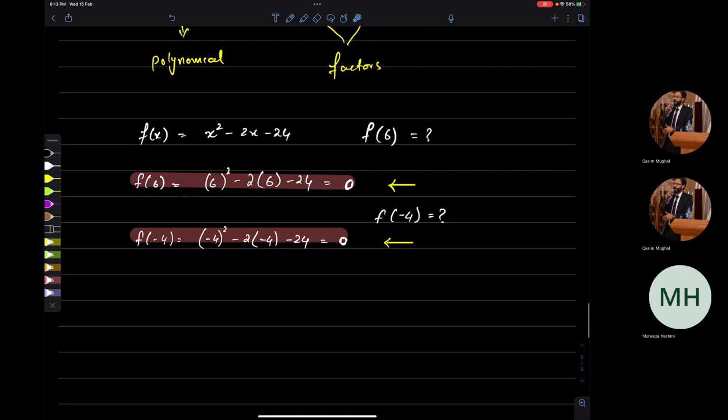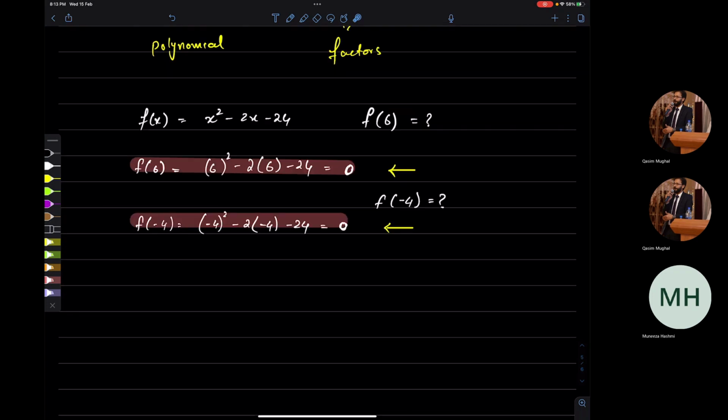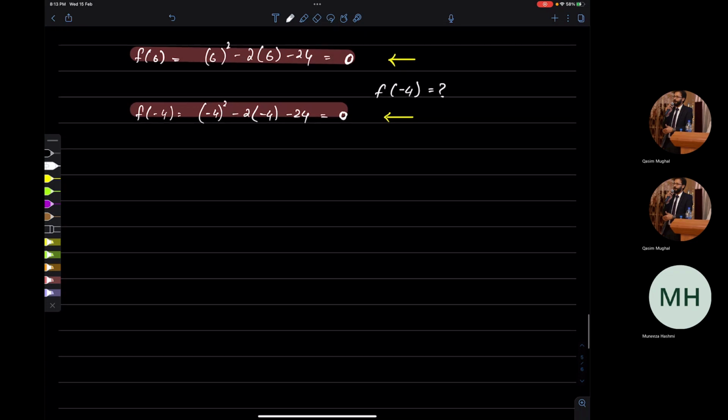There are two perspectives to look into the factor theorem. One perspective is if you plug in any particular number into the function and it gives you 0. So for example, you have any polynomial, let's just say ax cubed plus bx squared plus cx plus d, that's f of x.